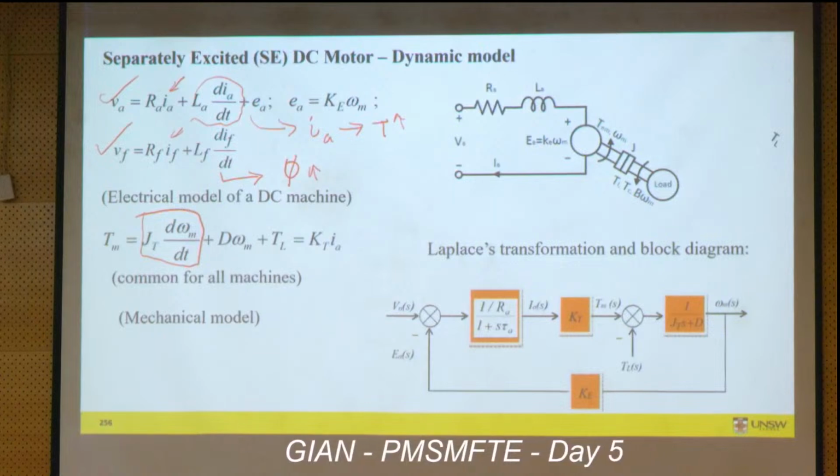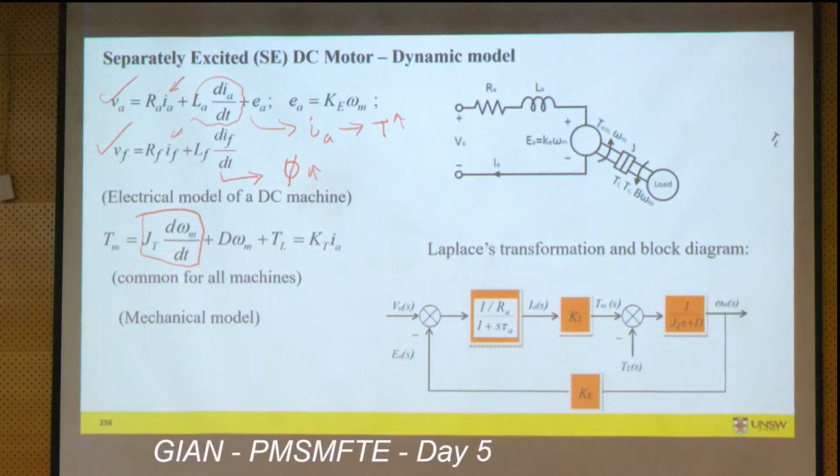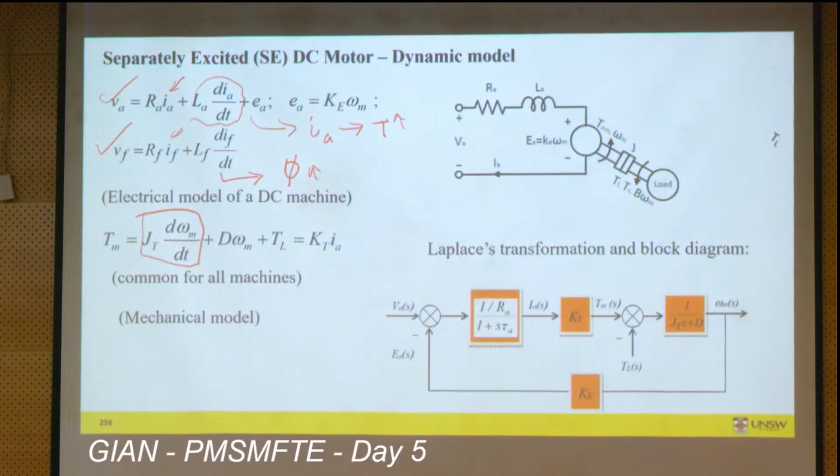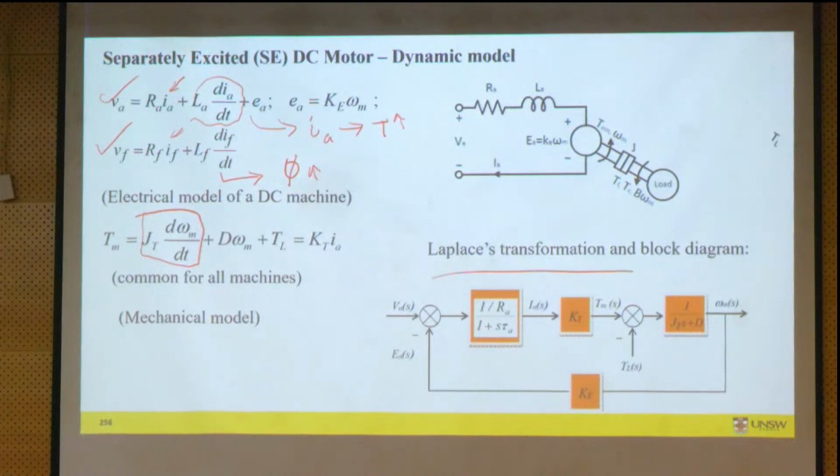If we want to handle this type of equation and use it to analyze response, the best way is to use the Laplace transformation, if you remember. We can convert the equations to Laplace and get a block diagram like this, and use this block diagram to analyze the response for a step change of voltage or a step change of torque, etc.